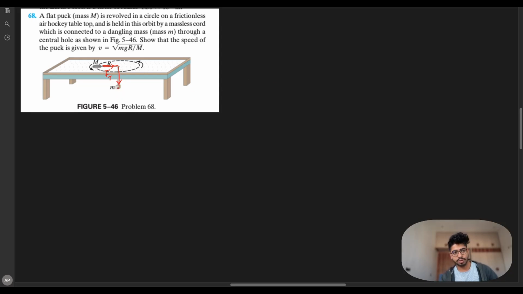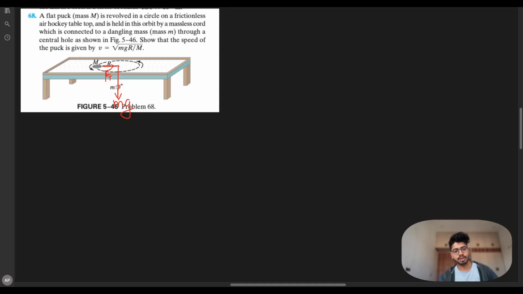If you look carefully, because the string is attached to this mass, on this mass you have the mg force acting downward. So small mg acts downward here. Because it is revolving, it is not falling down.